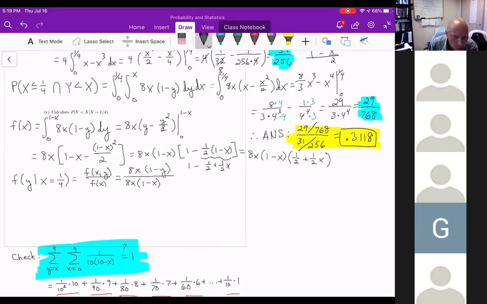Make sure you don't switch your letter. And there's a 1 plus x all over 2. So the 8x's cancel out. And then we are left with, I'm going to bring that 2 on top, 2 times 1 minus y. And on the bottom, we've got a 1 minus x squared.